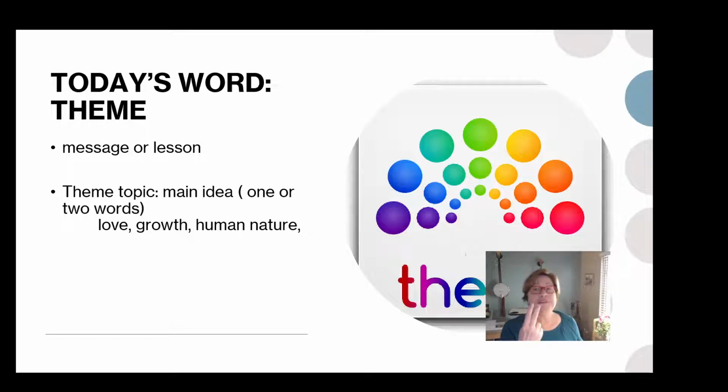Now we're going to focus on 2 tools today within theme to help us get better at understanding what a theme is. The first thing we're going to do is talk about something called a theme topic. This is going to be just 1 word or 2 words, and it is the main idea of a story. Now keep in mind that every story has a theme. Every book has a theme.